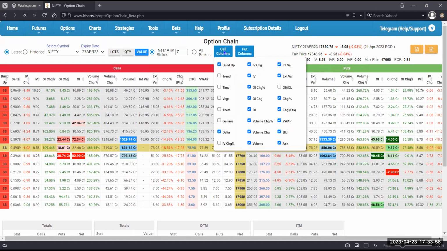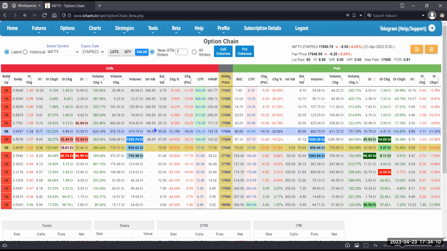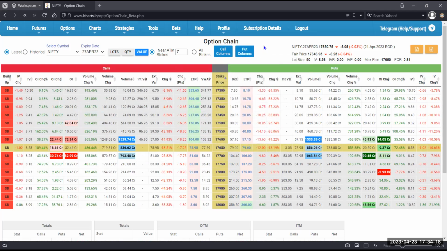Like if I want volume change first, for example, since here build up is first. We cannot select position like in an Excel sheet at the moment. So can we do it in the near future? Since we are developing, it's not finalized. So let's see the possibility, sir.